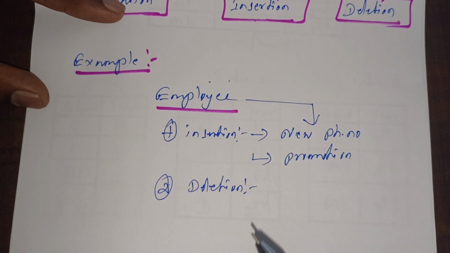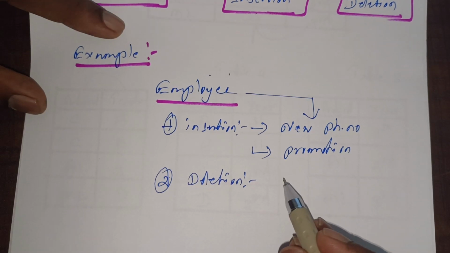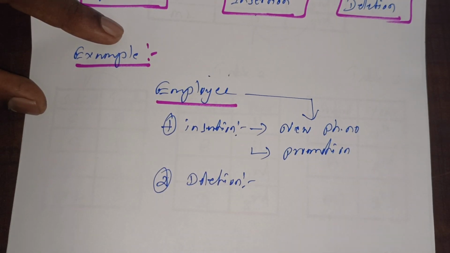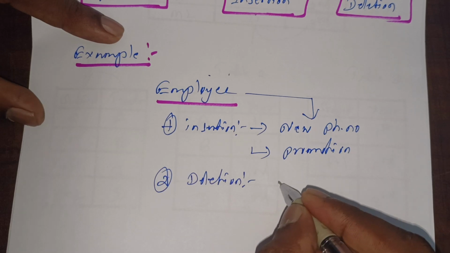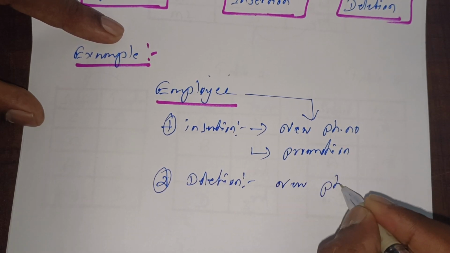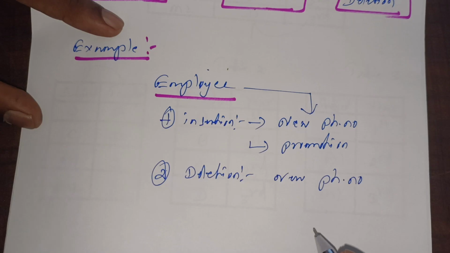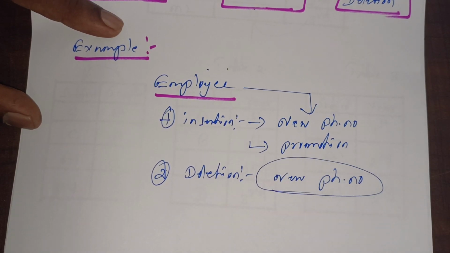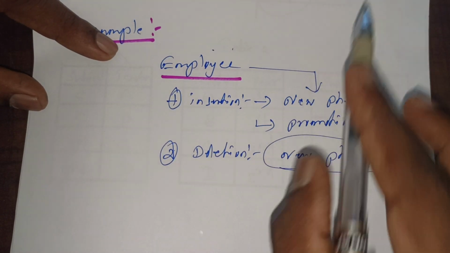Deleting one record of an employee, which is stored in a particular row, means the particular row is permanently lost. Say you want to delete a new phone number which was recently updated. The entire row will be lost, so that creates an anomaly here. That is the third part.